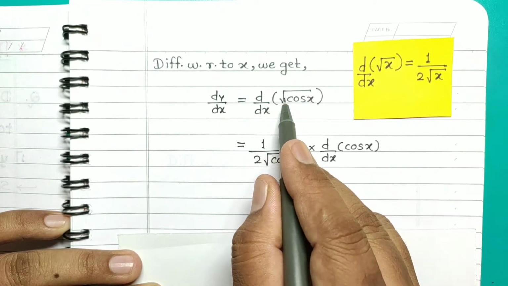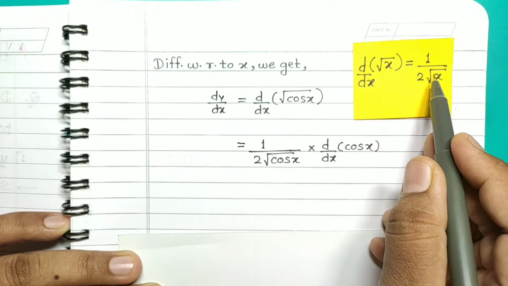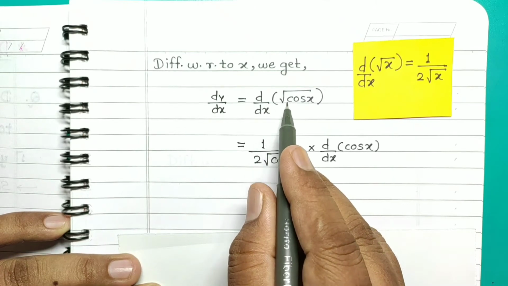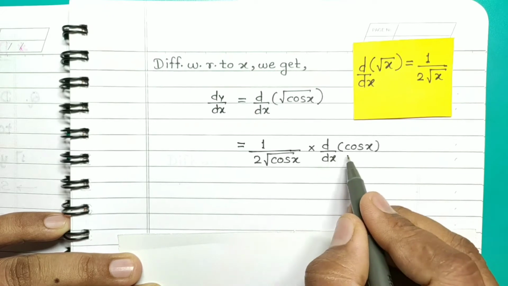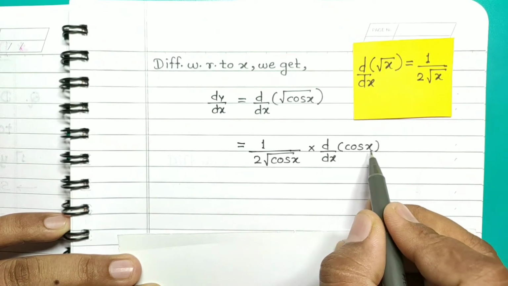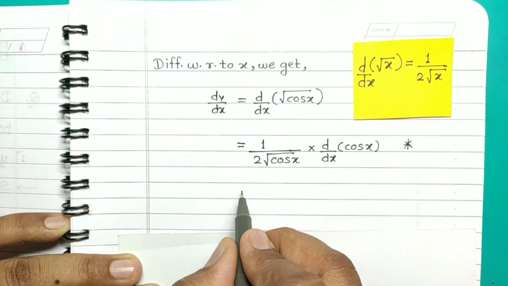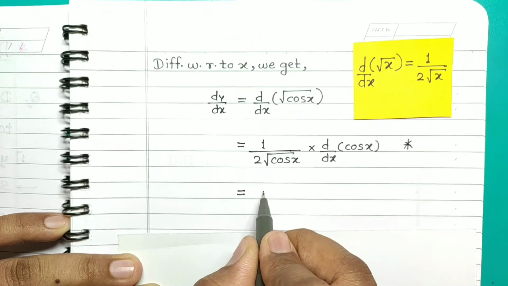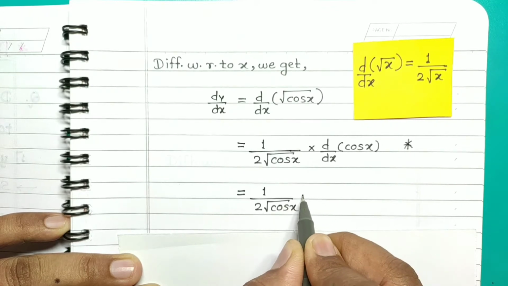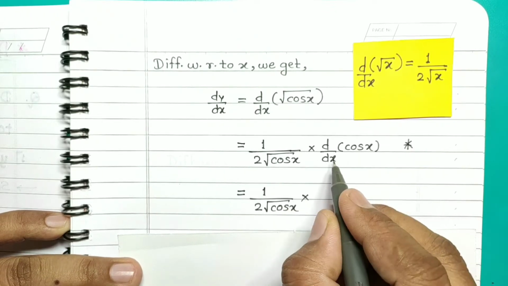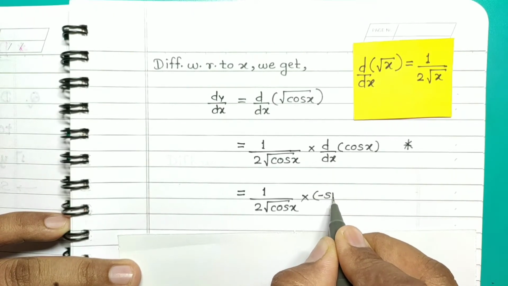The derivative of root of something is like the derivative of root x, which is 1 upon 2 root x. So the derivative of root of something is 1 upon 2 root of something into the derivative of something, which is cos x here. This is the first important step, so note it properly. Then the first term as it is, 1 upon 2 root cos x, into the standard derivative we know: the derivative of cos x is minus sin x.